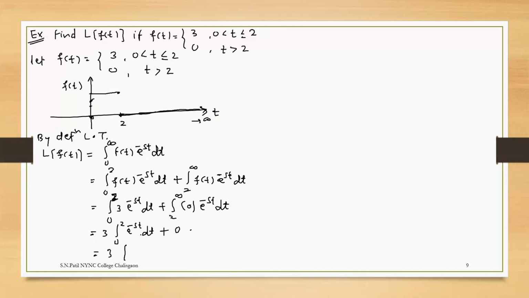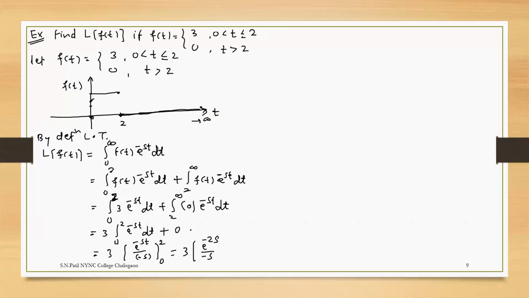Now its integration is e raised to minus st divided by minus s, with limits 0 to 2. Put the upper limit t equal to 2: e raised to minus 2s divided by minus s.